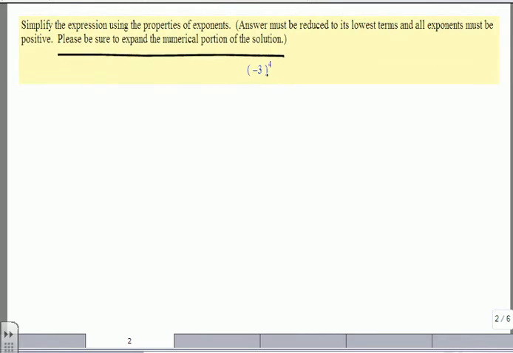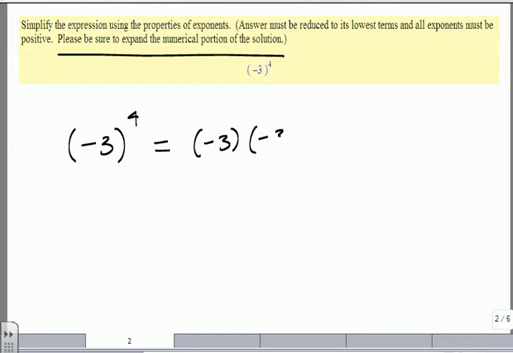So basically that's all that we do in this first problem. The problem is -3 to the 4th power. All we're having to do here is expand that. We have one exponent, the 4. Who does that exponent apply to? It applies to the whole thing, the -3. So that means -3 times -3 times -3 times -3.